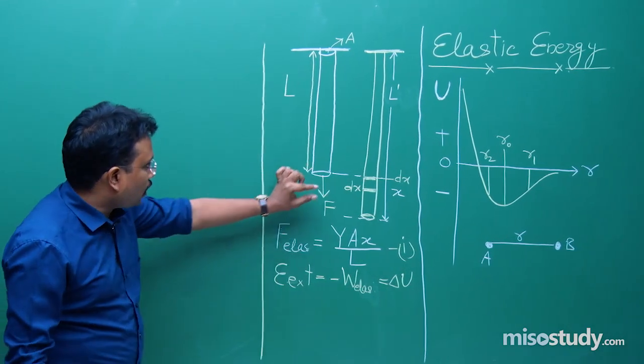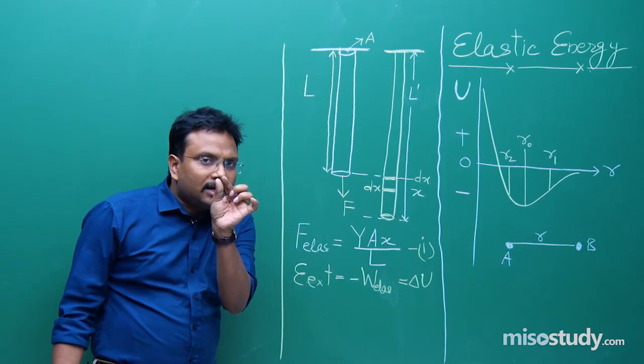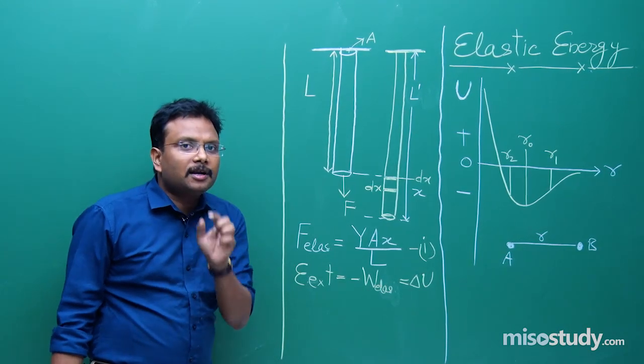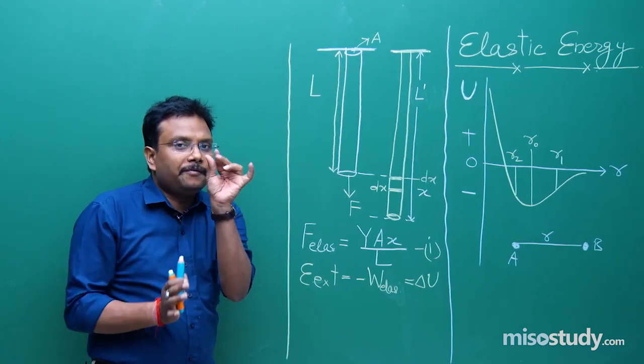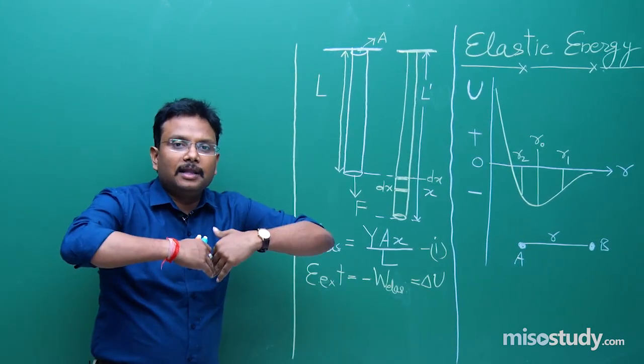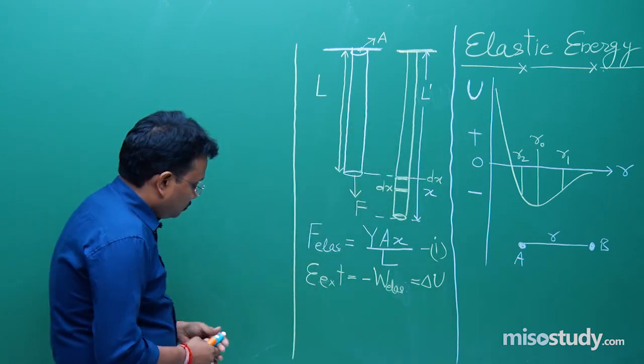So let us talk about these small intervals. For a small interval dx, the small work done is dW, and we consider initially a small interval, and then we will expand it for the entire wire. Fine.